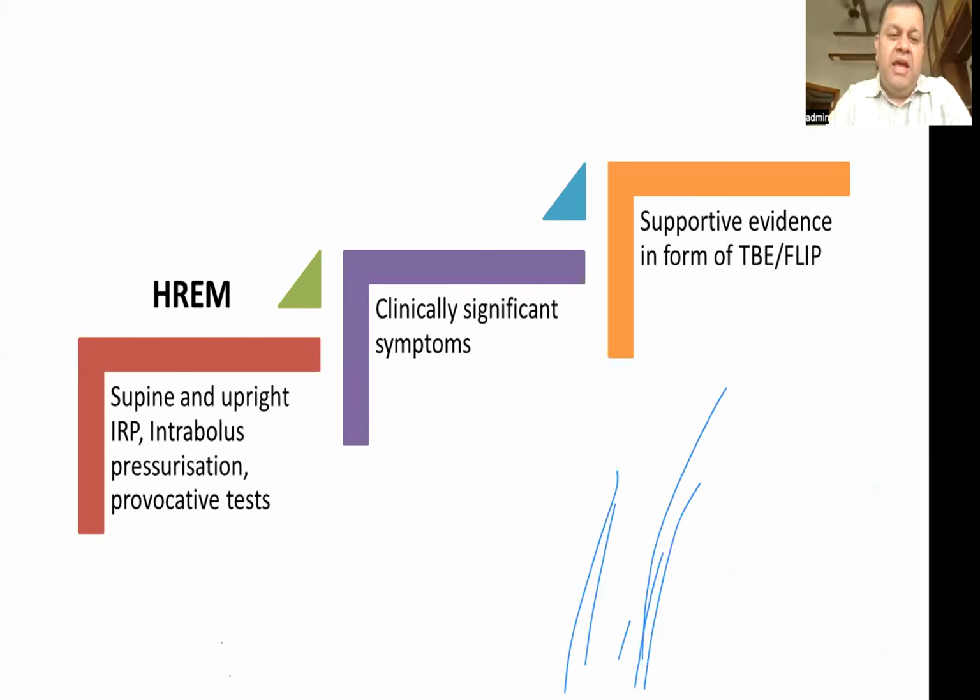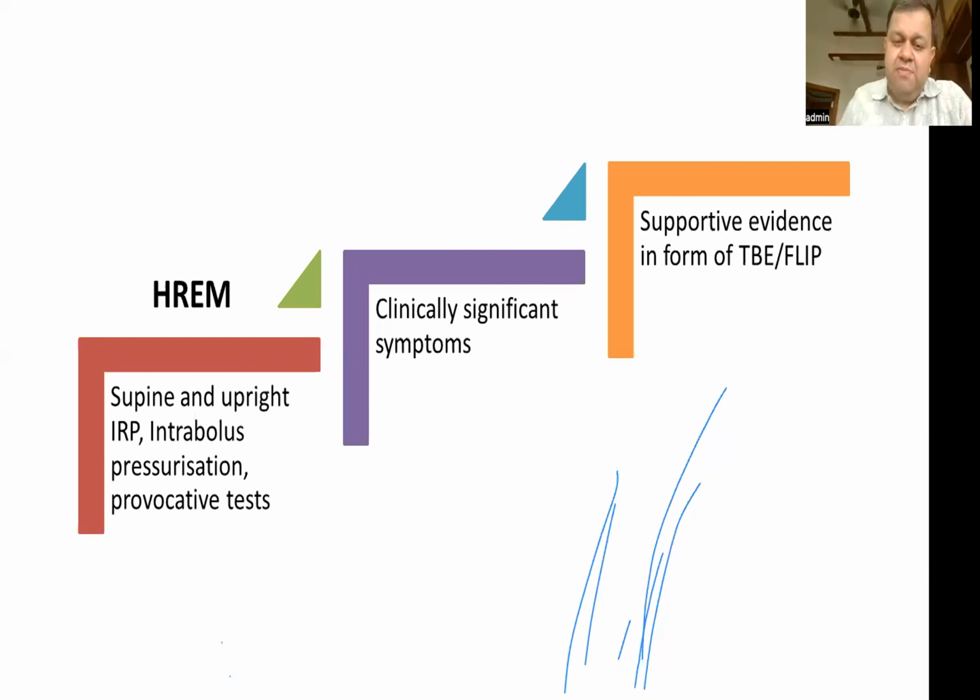So for the diagnostic part, we should remember for high resolution esophageal manometry, we require supine and upright IRP to be elevated. We need at least 20% of swallows to show intrabolus pressurization, and provocative test should be positive.